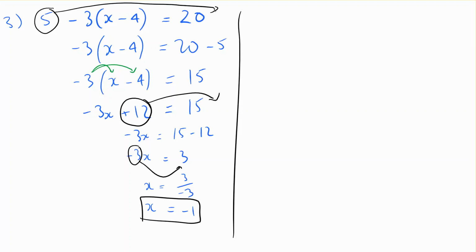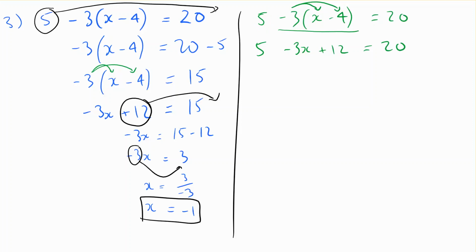Just quickly, another way that you could do it here. Some people do this. They expand here, they say, well, minus 3 times x is minus 3x. Minus 3 times minus 4 is positive 12, and then they'll go back and put the numbers in like this. Okay, remember this 5 out the front has no impact on the expansion.